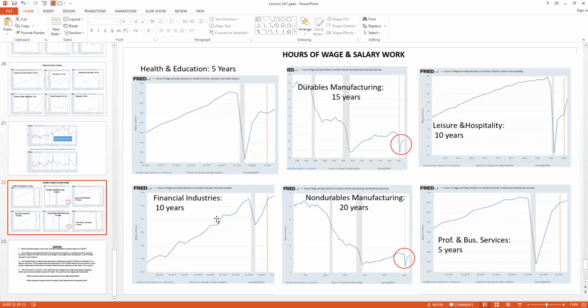And the same is true of financial industries, although the financial industries seem to have fared just a little bit better than the professional and business services have. Where the real hurt exists is in manufacturing, as well as leisure and hospitality, health and education.